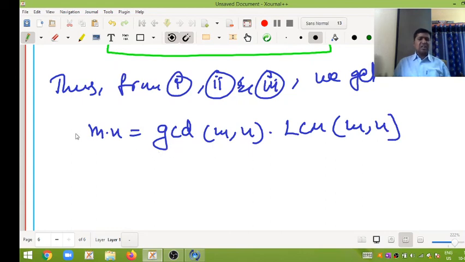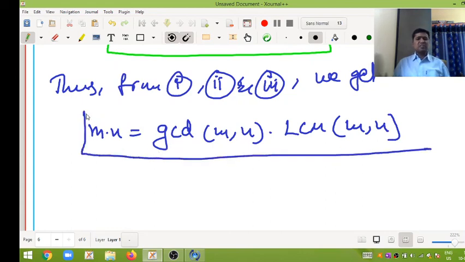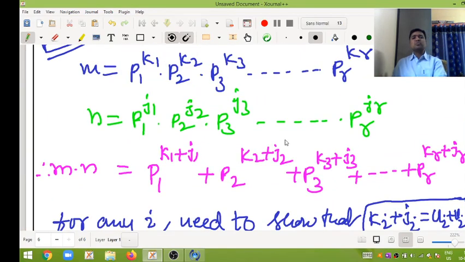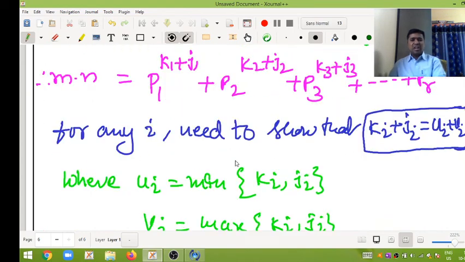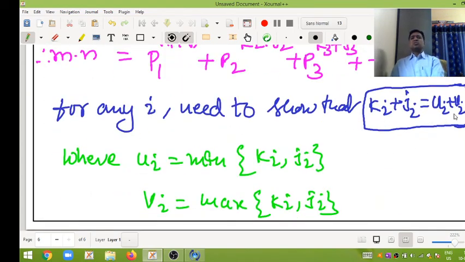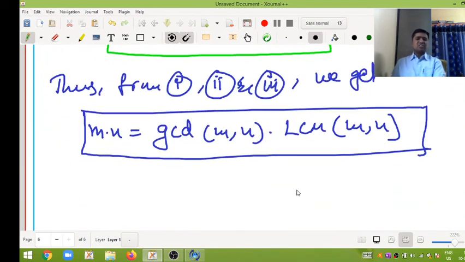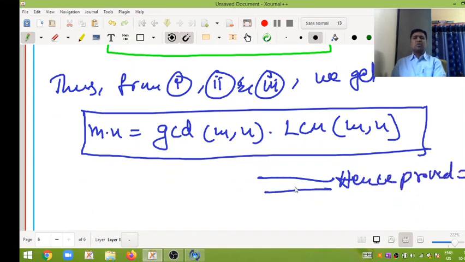This one is proved. How? For proving this GCD and LCM, it was enough to prove ki plus ji is equal to ui plus vi, and we have proved that. So, my dear friends, this is the proof. I hope you all understood this proof.